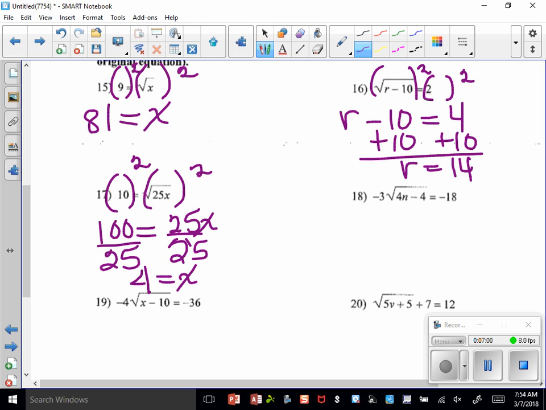Now, in 15, 16, and 17, notice that the radical was already on one side of the equation by itself. In this problem, I have a -3 over here with the radical. So the very first thing you always have to look for is to make sure you isolate the radical.